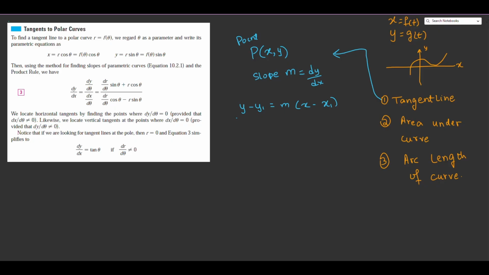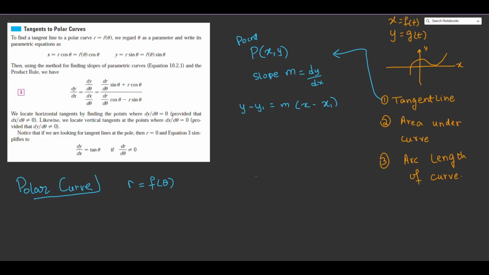So now what we are doing here, we want to find the equation of a tangent line to a polar curve. Any polar curve is given by r equals f of theta.